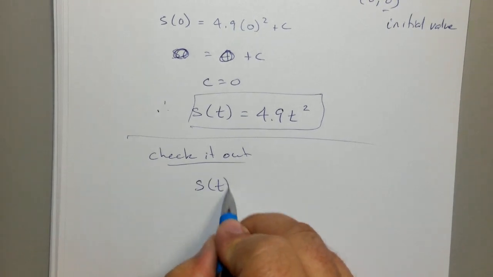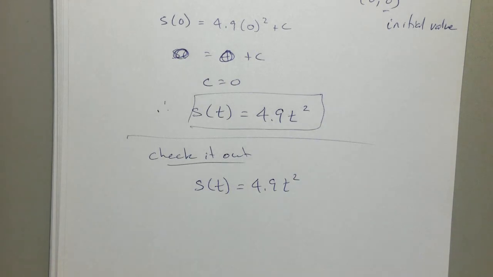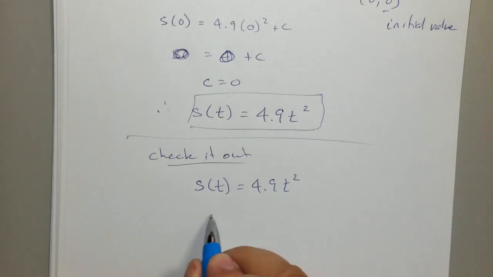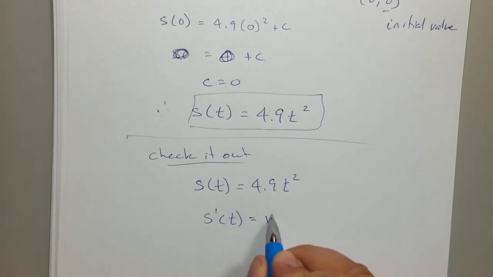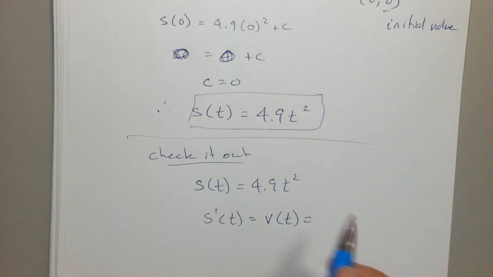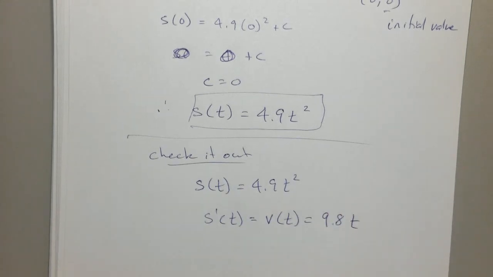If the position function is 4.9 t squared, and we take the first derivative of it, the first derivative is the velocity function. Bring down the 2, we get 9.8 t.